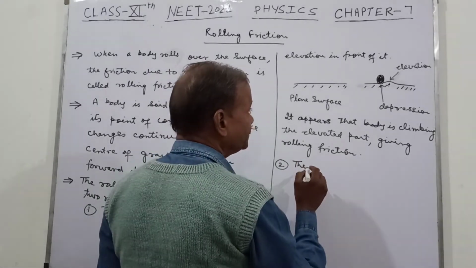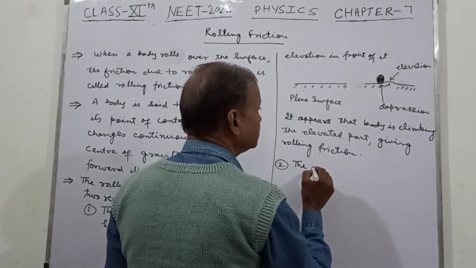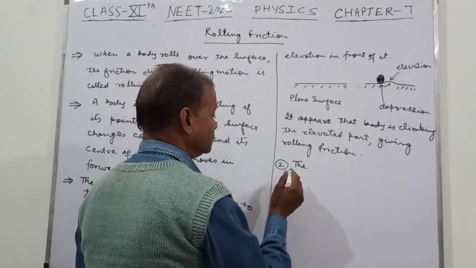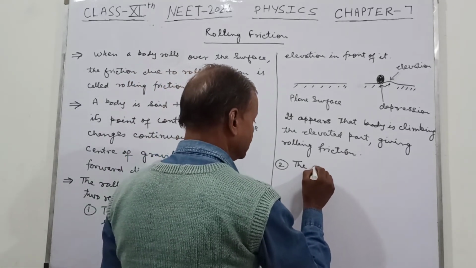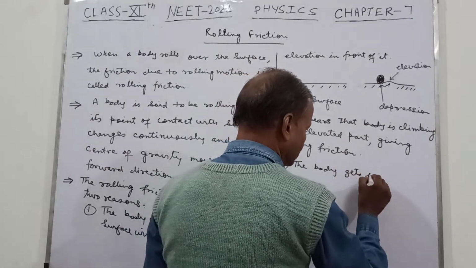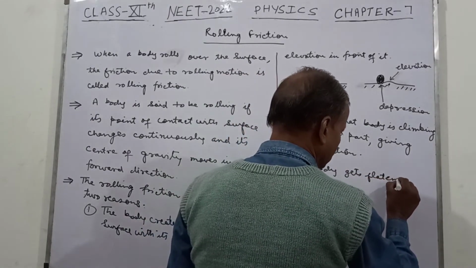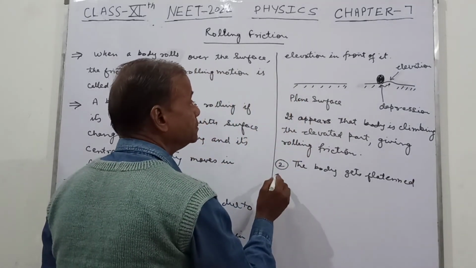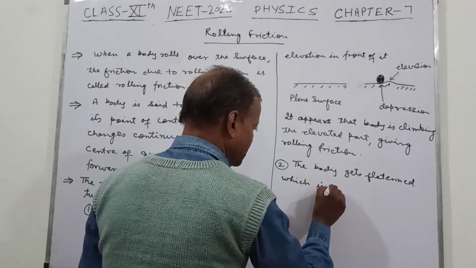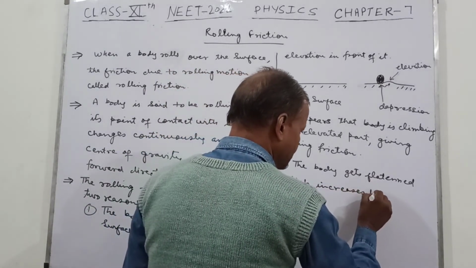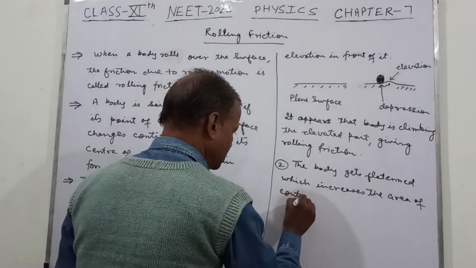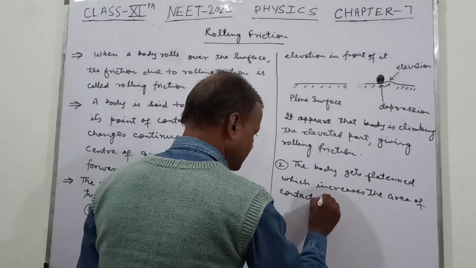The body gets flattened, which increases the area of contact with the surface.